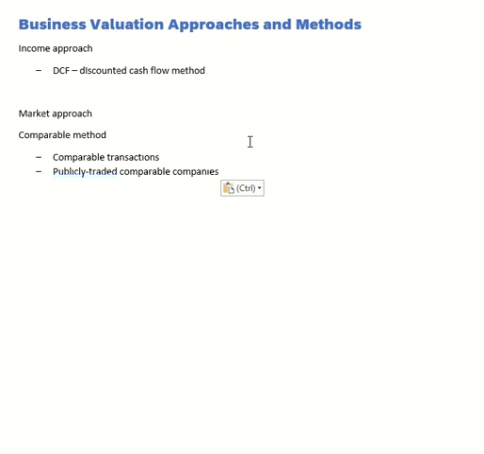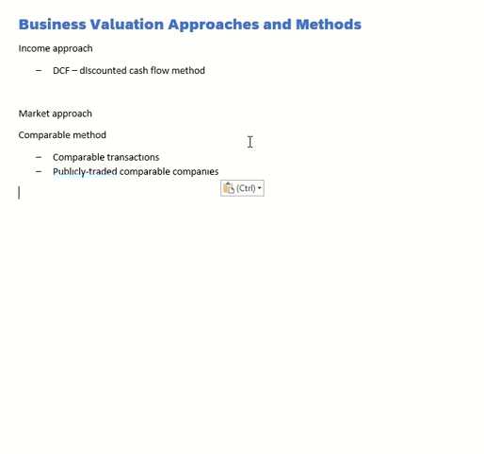So we see the stock market has some listed companies that share similar characteristics to the business we are trying to value, and then we can get the market price and other information such as revenue growth, EBITDA multiple, EBITDA growth, etc. to help us determine the value for the business we are trying to value.